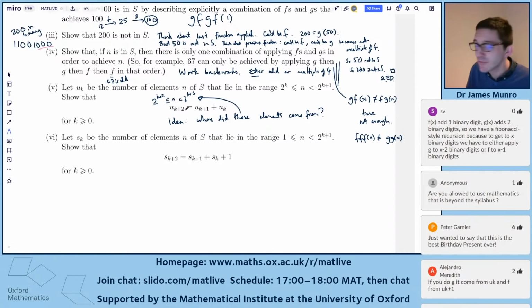Then I can take the first term from each bracket, and the first terms from each bracket add up to exactly s_{k+1}. The other terms in the bracket are s_k, and then I'm left with just u1, and u1 is equal to 1, so that's where the things on the right hand side come from.